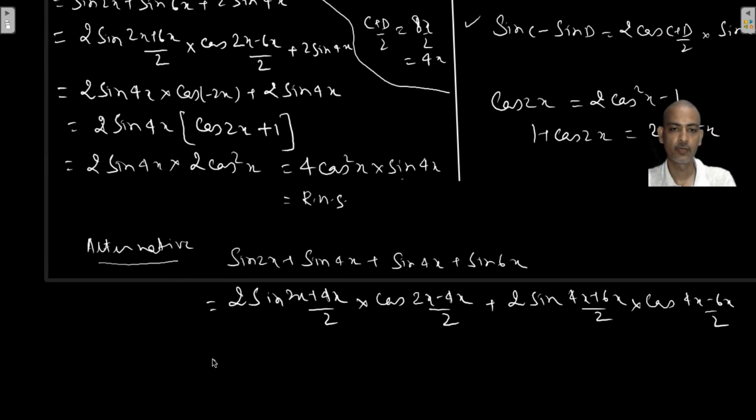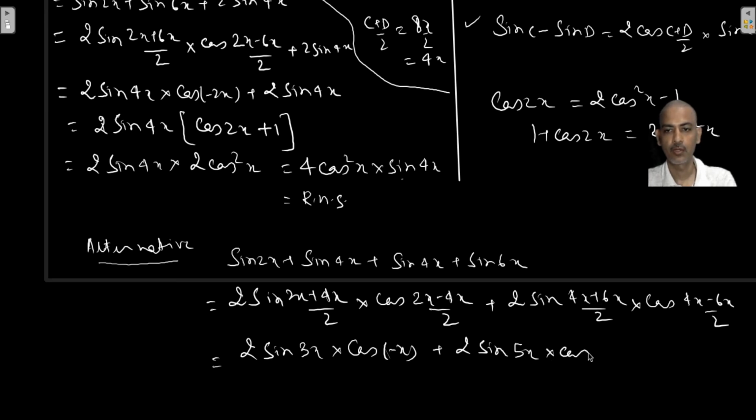Further down it would have become 2 of sin 3x, since 2x plus 4x by 2 is 3x, into cos of minus x, and this would have become 2 of sin 5x into cos of again minus x. So we would have to take 2 cos of minus x common, and we would be left with sin 3x plus sin 5x.